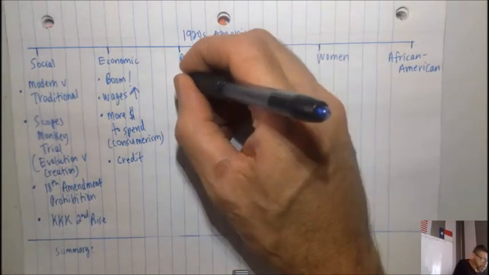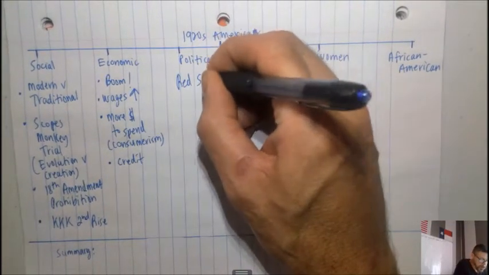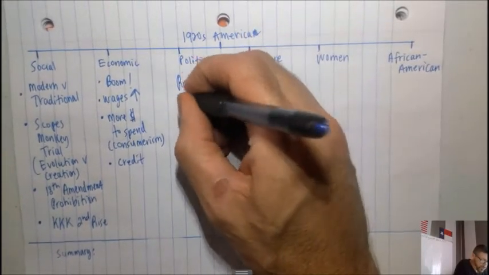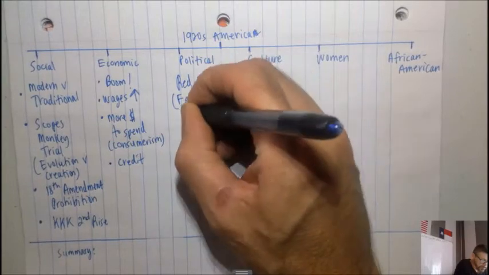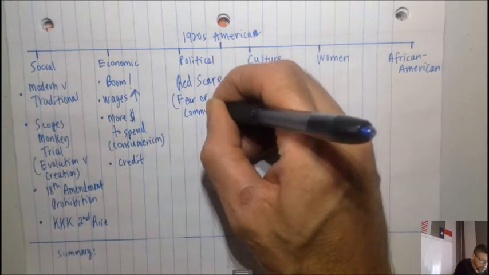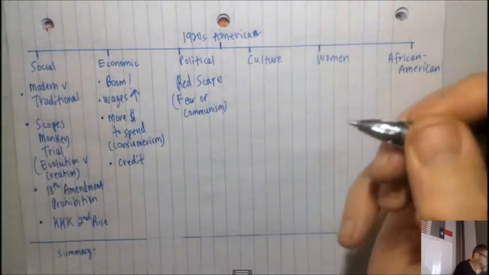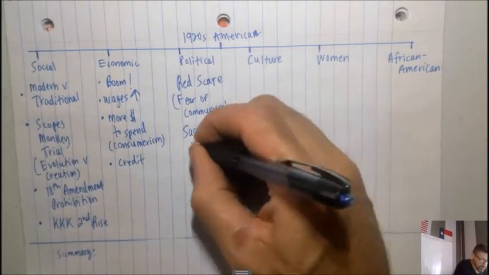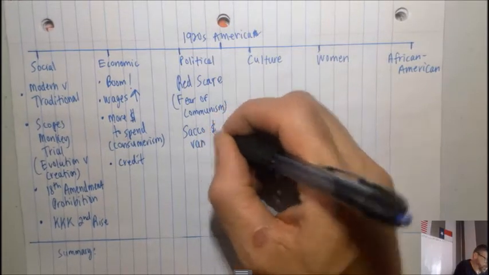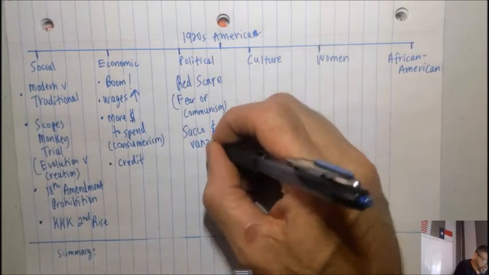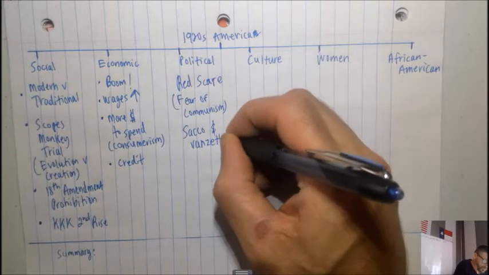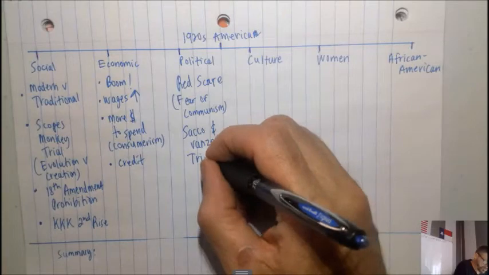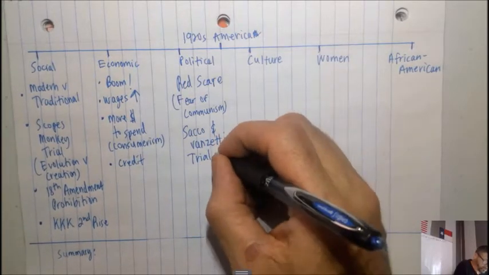Okay, political, there was the Red Scare, which was the fear of communism. Other political things were like Sacco and Vanzetti. You will learn about a trial of Italian immigrants who were anarchists, and many believe, even though they're anarchists, that they got an unfair trial and execution.